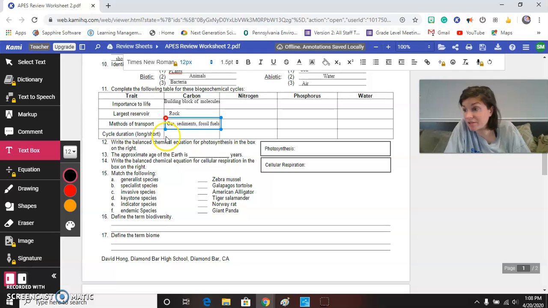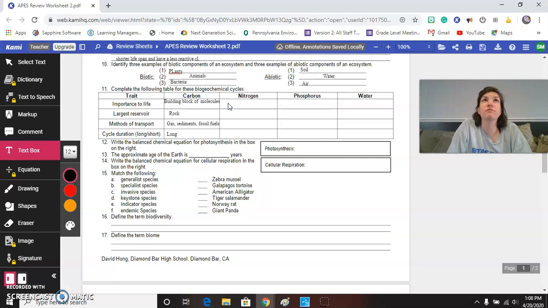Those are just some examples, there's more. And then, is it in the cycle long or short? It definitely is long. It takes a while to go from carbon in the atmosphere into rock.